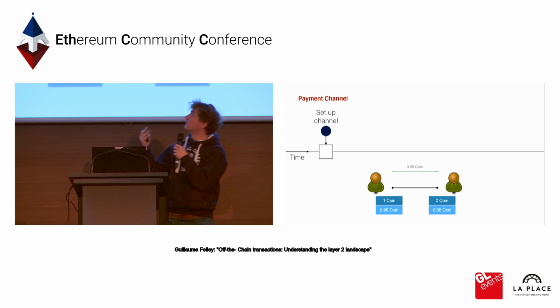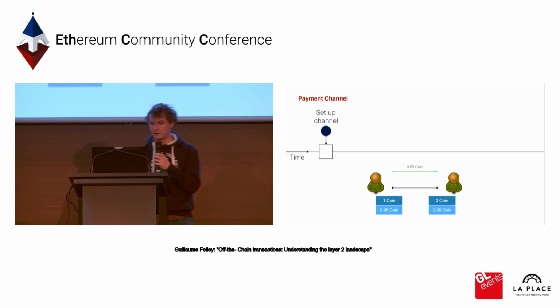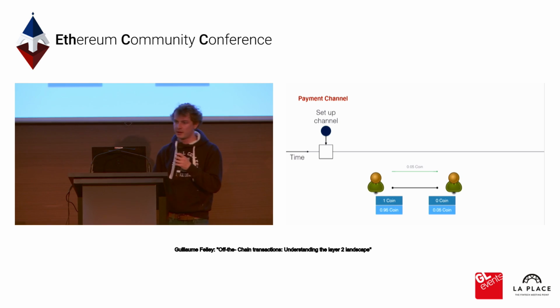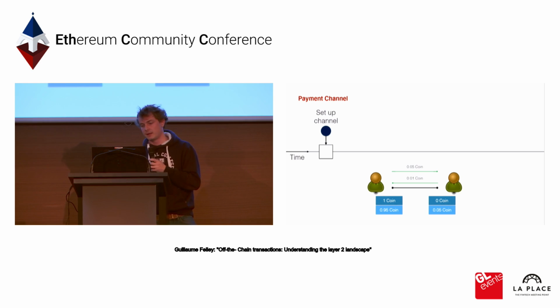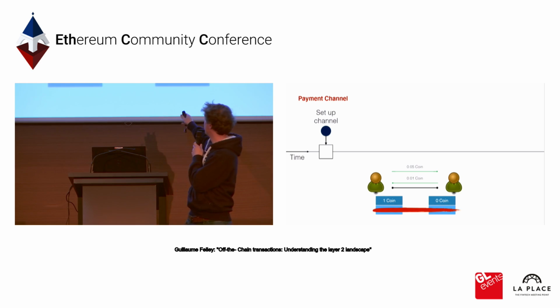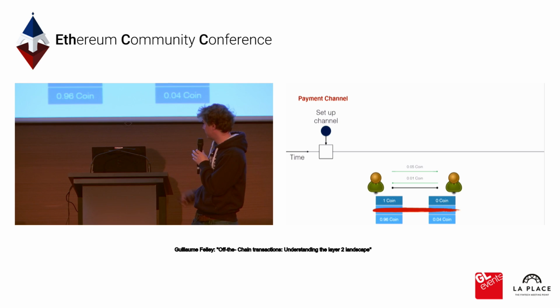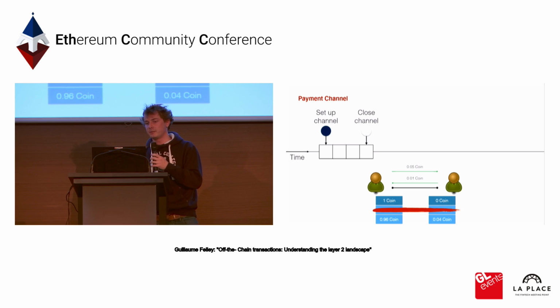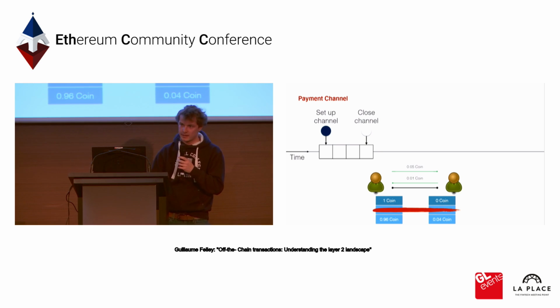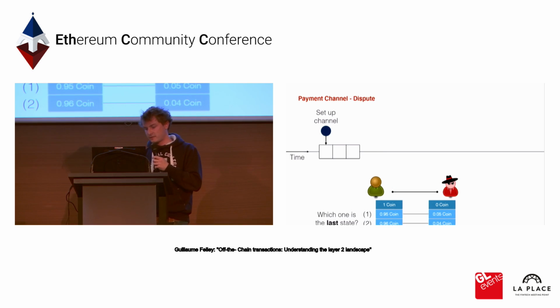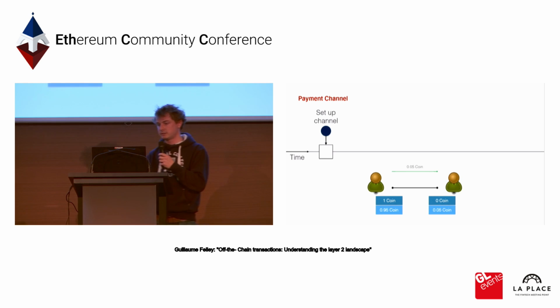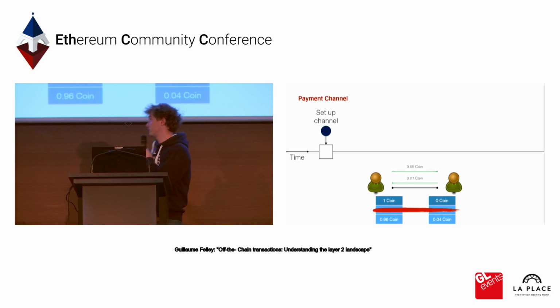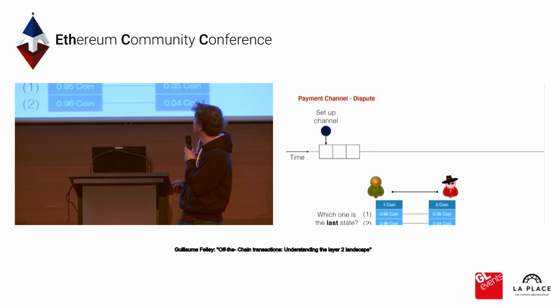The guy on the right has 0.5 now, and then you can send it back. Somehow this state gets invalidated, and you have a new state here. And sometime later, the channel will be closed, and this balance will be settled on chain.